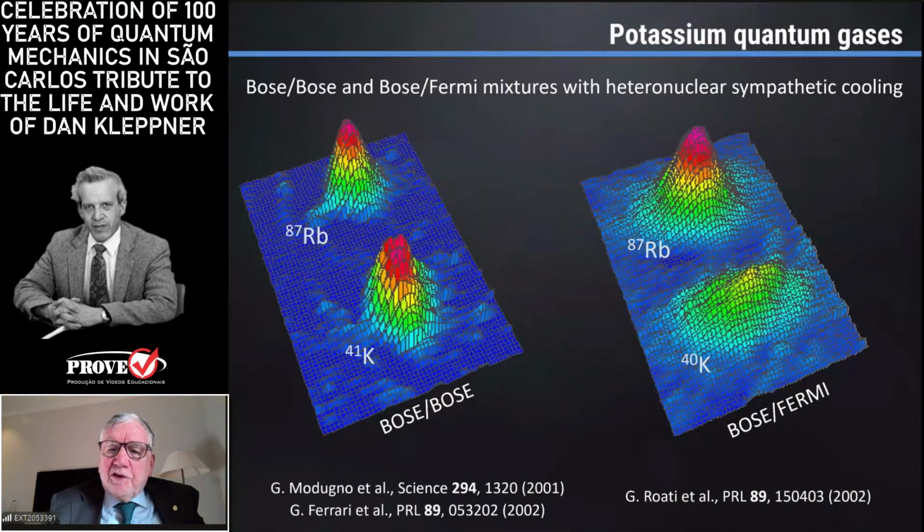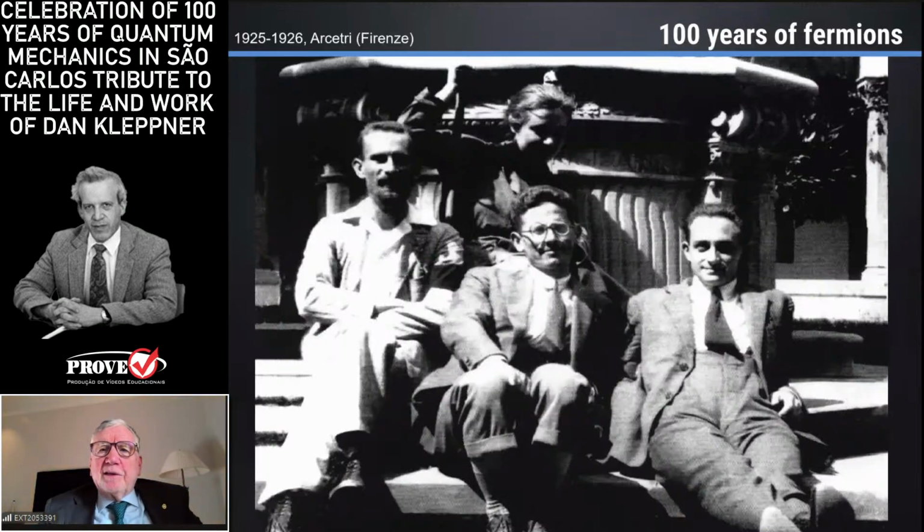Here, there is a piece of history, because this was done in 2002 in Arcetri, where LENS was placed at the beginning of the activity, exactly 100 meters from where Enrico Fermi in 1926 had predicted the Fermi statistics, what happened to the Fermi degeneracy, the degeneracy of a monatomic atom brought to very low temperatures.